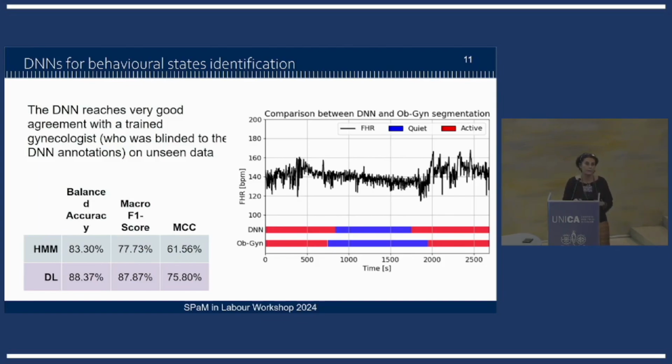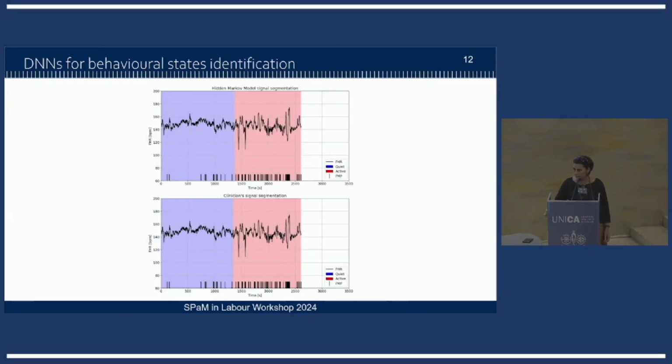There are some superimpositions which are in the transition zone, basically. So the results, the balanced accuracy, macro F1 score, and the Matthews correlation coefficient provide good results.